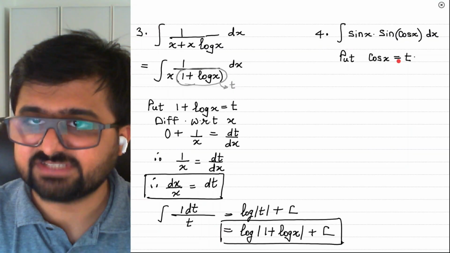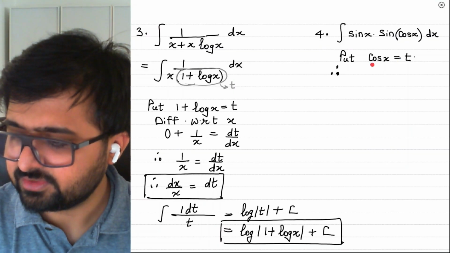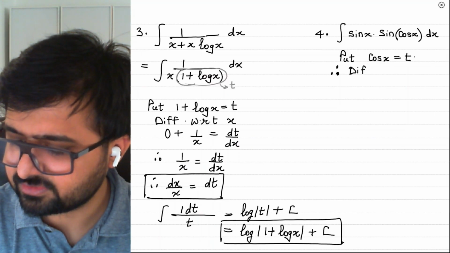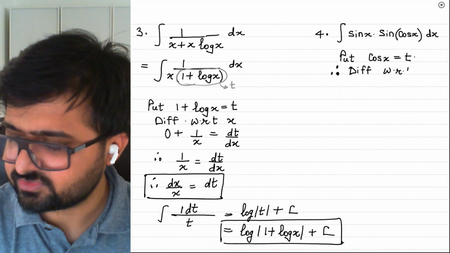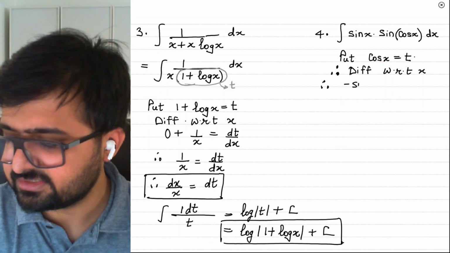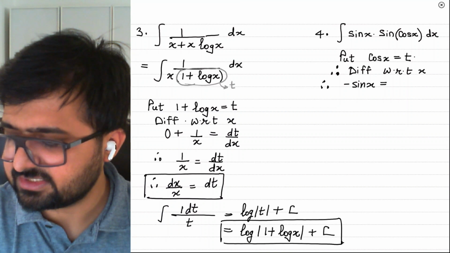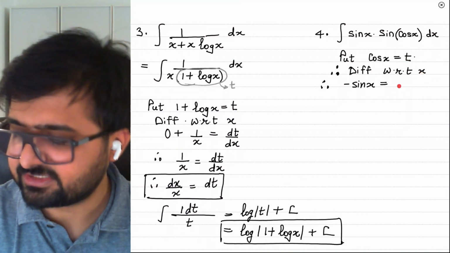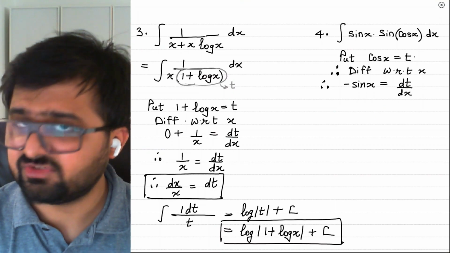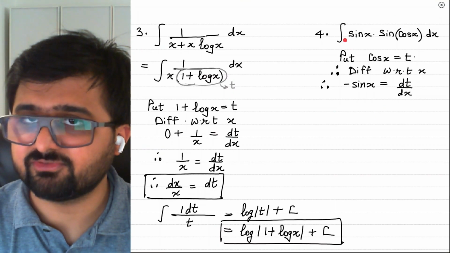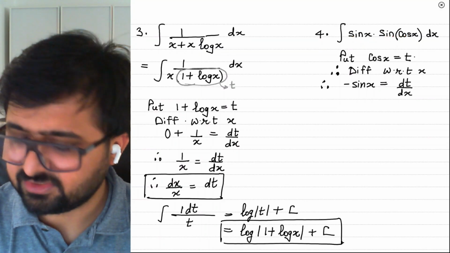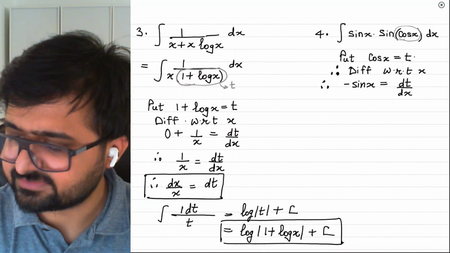If you put cos x equal to t and differentiate with respect to x, you get the derivative of cos x, minus sin x, equal to the derivative of t with respect to x, which is dt by dx. Now let's convert the entire function in terms of t. We put cos x equal to t, so this is my t.